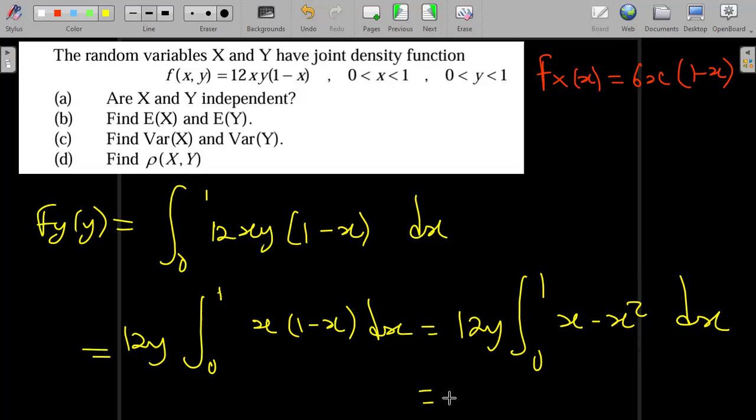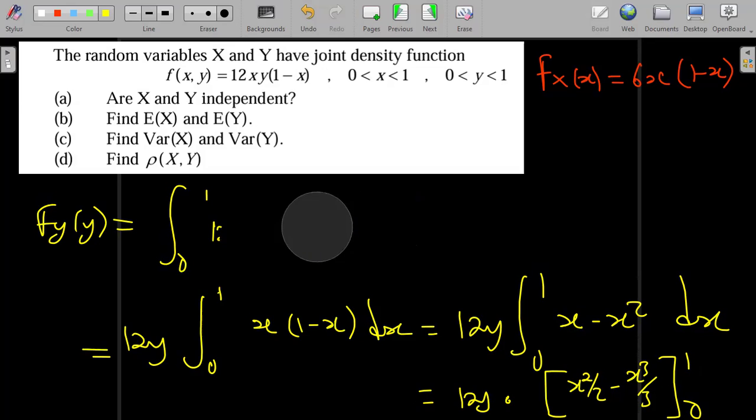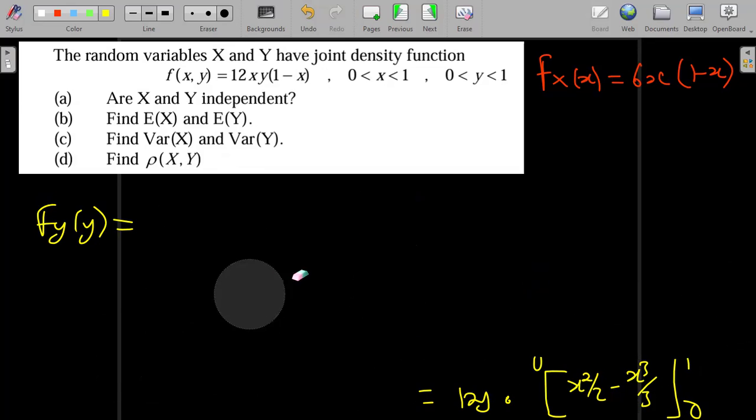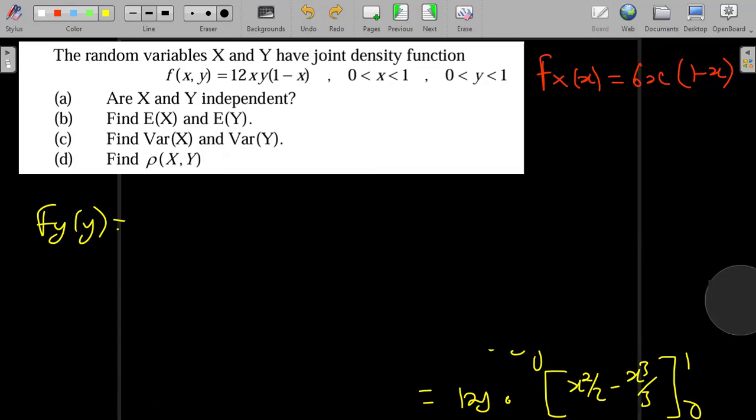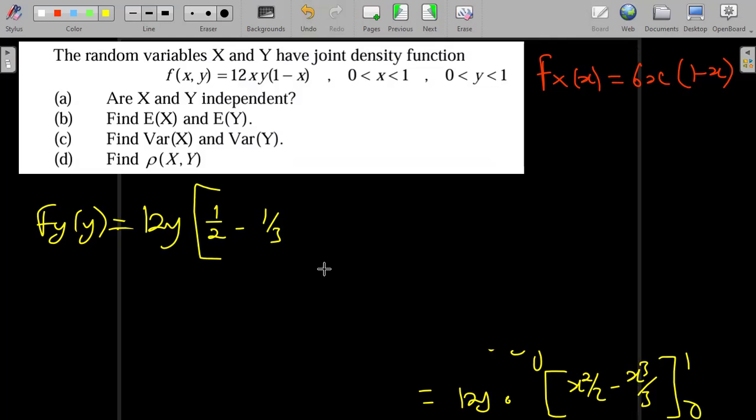Now I can integrate. This will be 12y multiplied by x squared over 2 minus x to the power 3 over 3, with limits 0 to 1. Substituting 1 gives 1 over 2 minus 1 over 3, and substituting 0 gives 0.